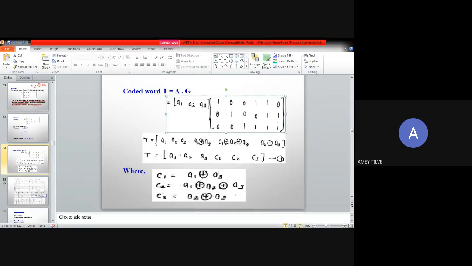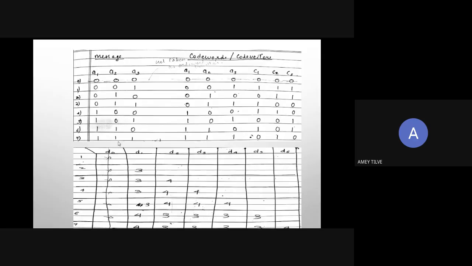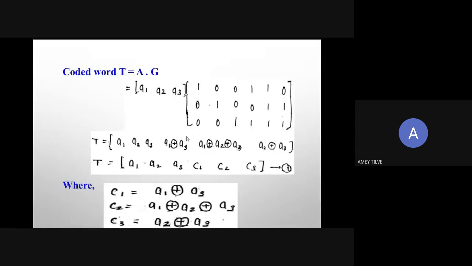Let me come back to the same slide. Now I have to multiply my A1 to this. I have already done column 1, column 2, column 3. Now I'm going for this particular column. I will multiply this, this, and this. What is remaining now? A1 and A3, so A1 XOR A3.